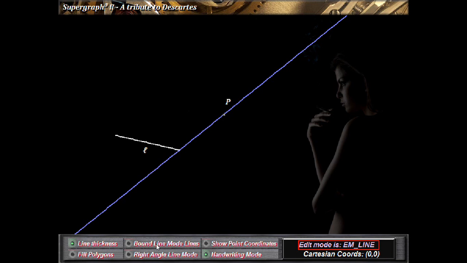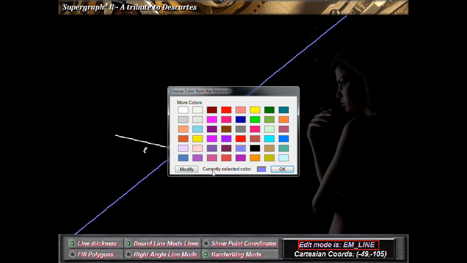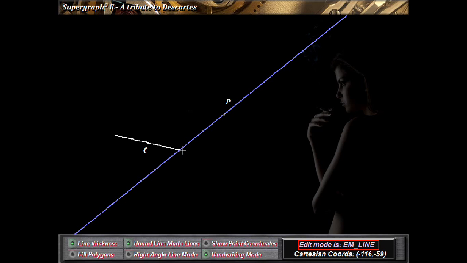Now I'm going to draw a bounded line along this one, in a different color, red, or close to red. Like that. Delete this one. Okay, so we're allowed to do that. We can draw a line according to postulate 1 from any given point to another given point. Both of these points were given.